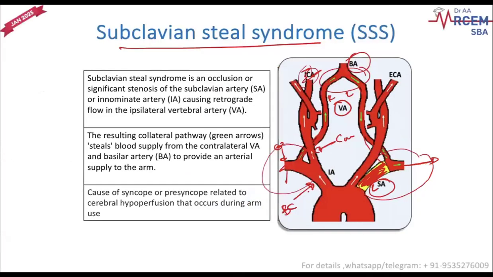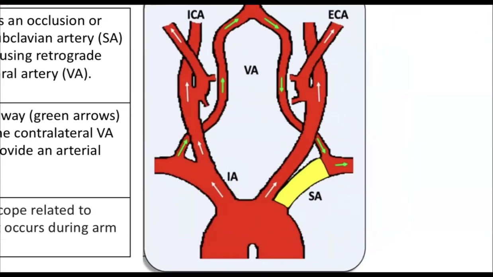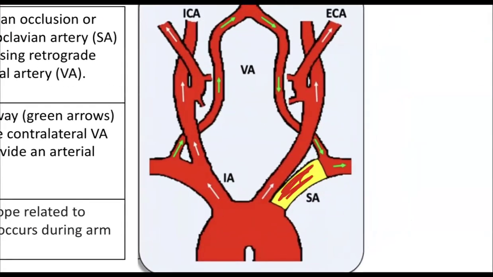So let me repeat this so that there is no confusion. Because of the obstruction in the left subclavian artery, the blood from the right subclavian artery goes into the right vertebral artery. It's a normal circulation. From the right vertebral artery, it enters into the left vertebral artery, which is abnormal. Then it enters into the left subclavian artery and supplies the left upper limb.